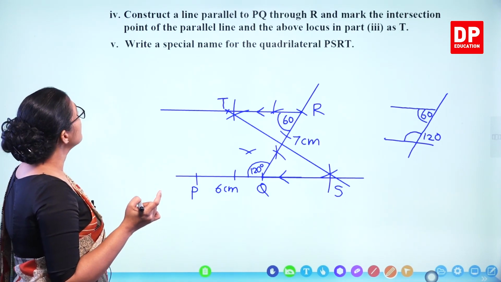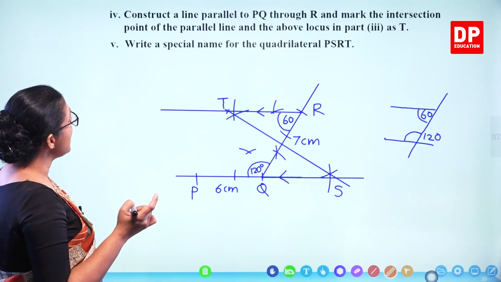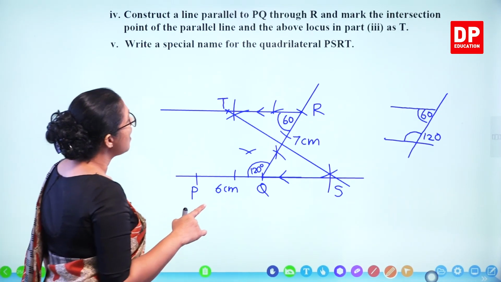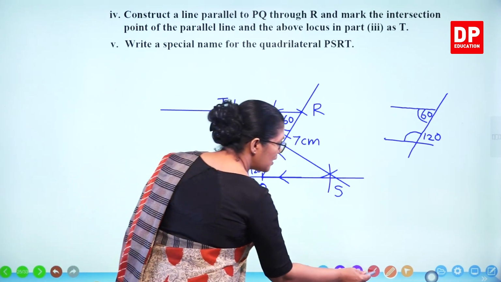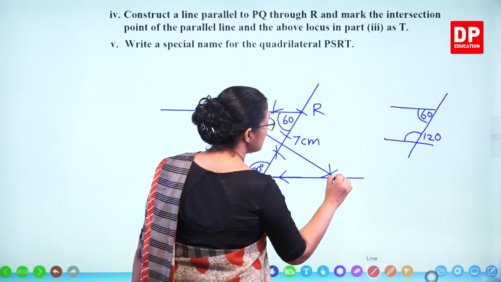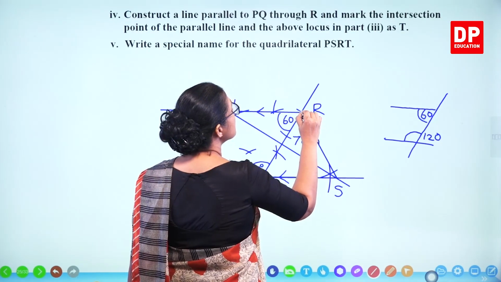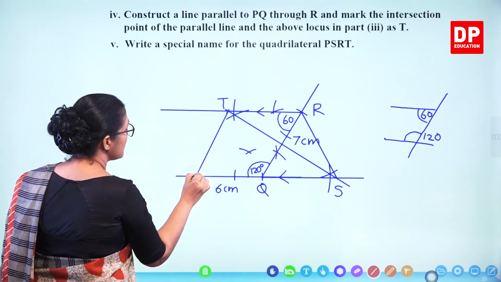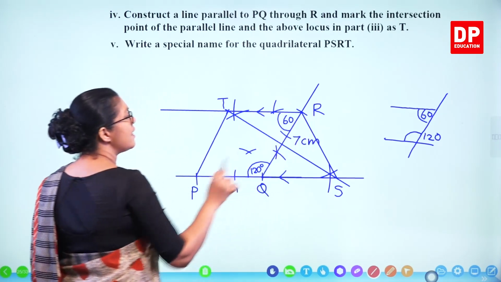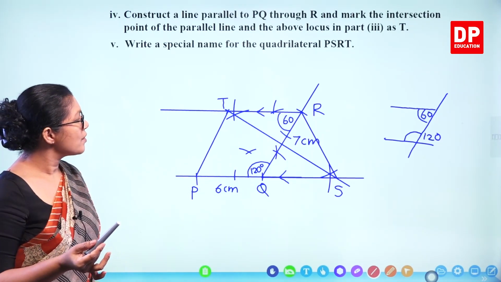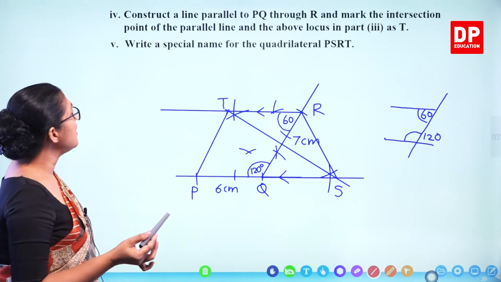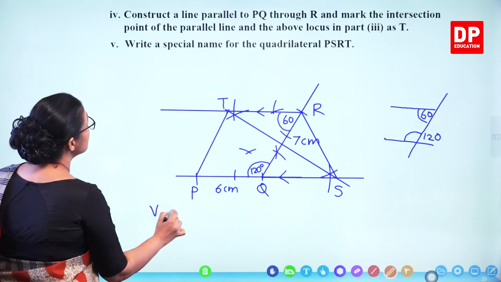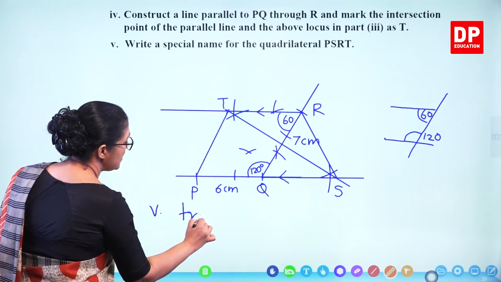Now the last part: write a special name for the quadrilateral PSRT. So we'll connect. This is S, this is R, PSRT. So this and this. What's that? Two lines are parallel and it's a four-sided figure. That's a trapezium. So the fifth part is a trapezium.